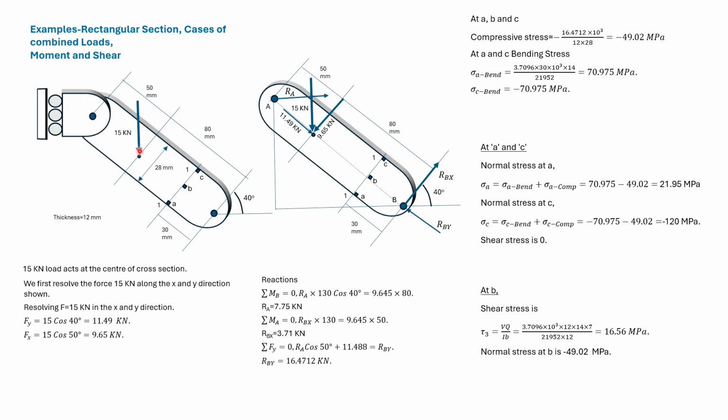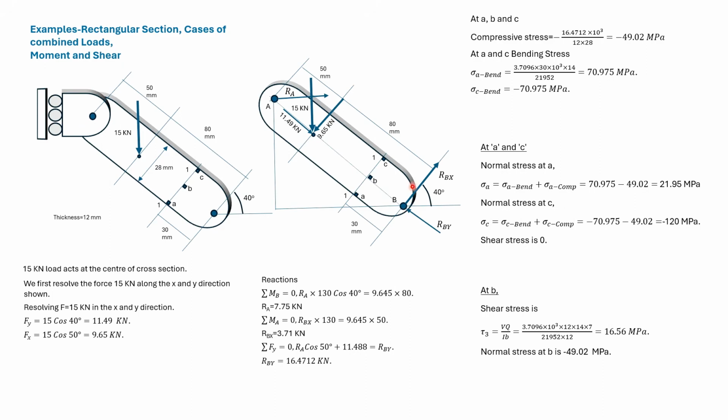This force is resolved in the longitudinal direction and in the perpendicular direction to it. Since this is a roller support, the reaction at A will be horizontal. We resolve the reaction at B to a force in the longitudinal direction and perpendicular to it.